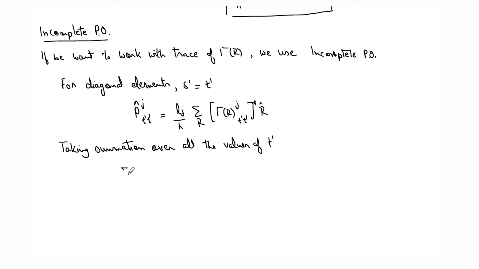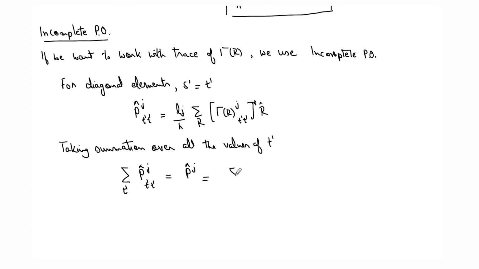So if we do that, we have the summation over all T prime of Pj T prime. Now we can write this without a matrix element index because this is the complete trace of what we are going to get. In the complete projection operator, you will often see indices written, which indicates that it's a complete projection operator. If there are no indices written, that means it's a trace and we are dealing with the incomplete projection operator.